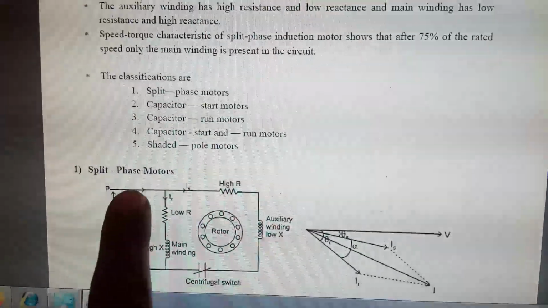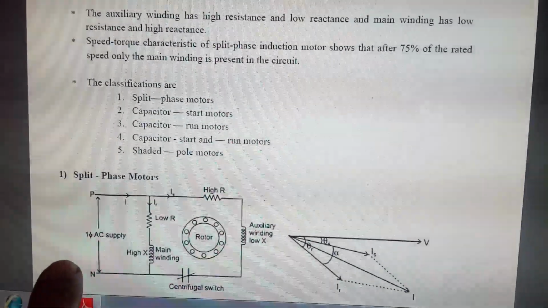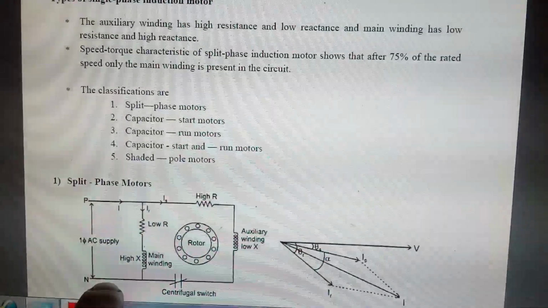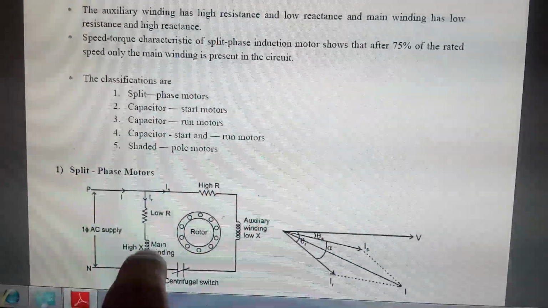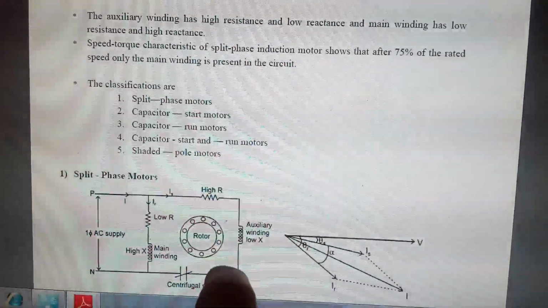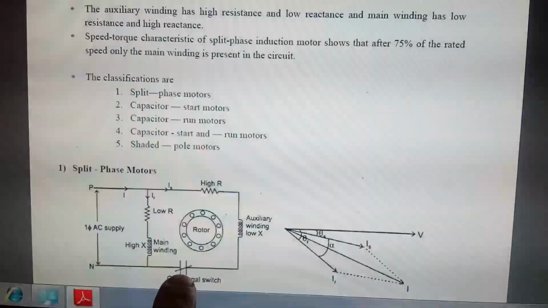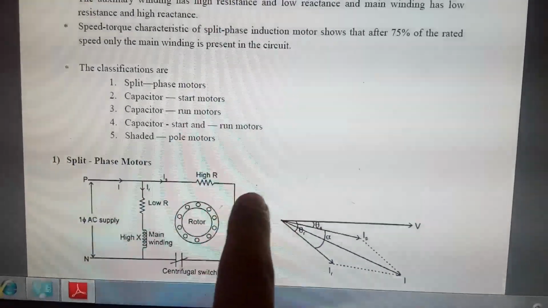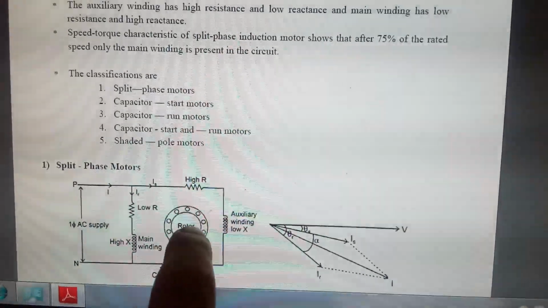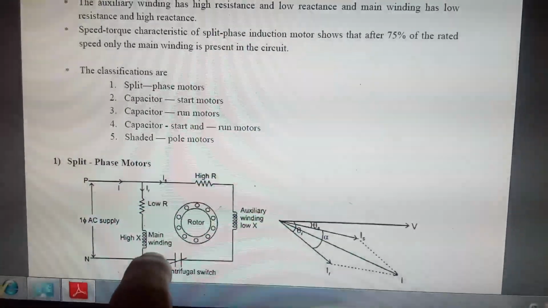The input supply is single phase, across phase and neutral. At the time of starting, both the main winding and the auxiliary winding are included. After the motor reaches 75% of speed, the centrifugal switch cuts off the auxiliary winding supply, and the rotor rotates by the supply of only the main winding.